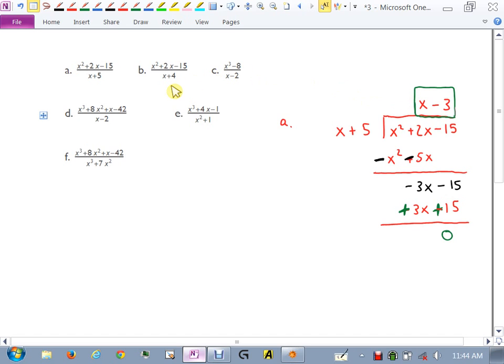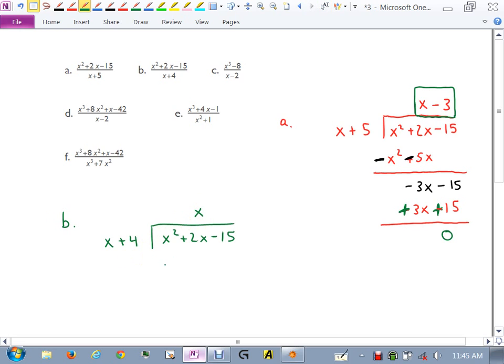What about B? Do you run into a little bit of an issue on B? We have a remainder. So let me show you how B is going to work when you have a remainder. You have x squared plus 2x minus 15, then you have x plus 4 out here. What do you multiply by first? X, right? X first.